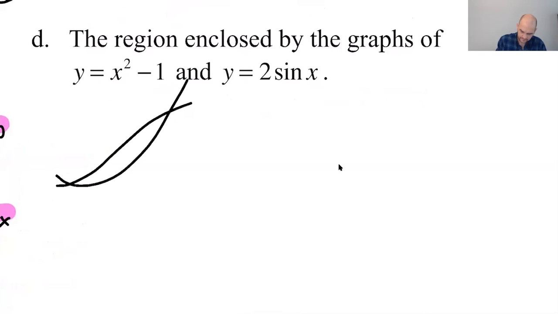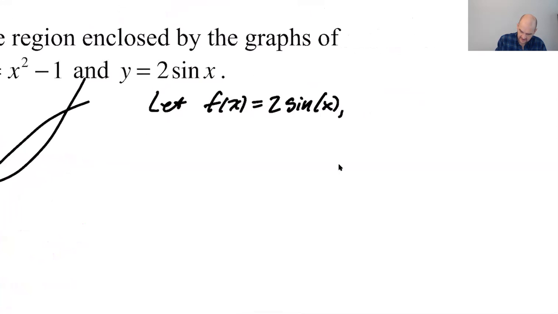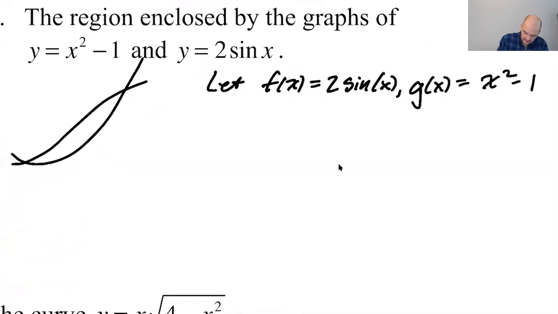Right, whatever. I'm going to say let f of x equal 2 sine of x. g of x is x squared minus 1. A. So what did I write for A? A is going to be negative 0.423028.